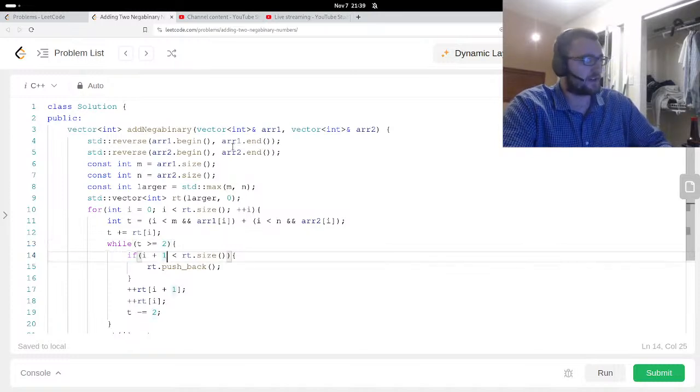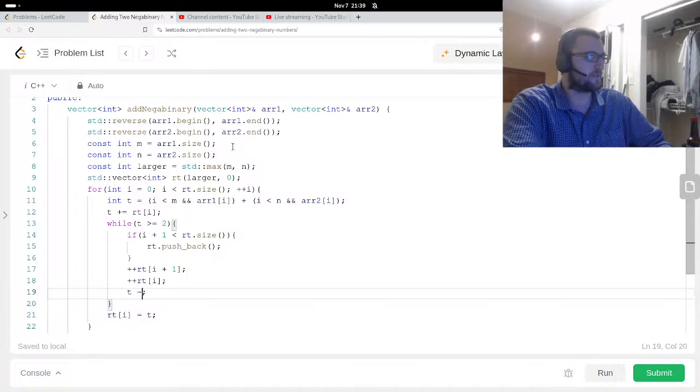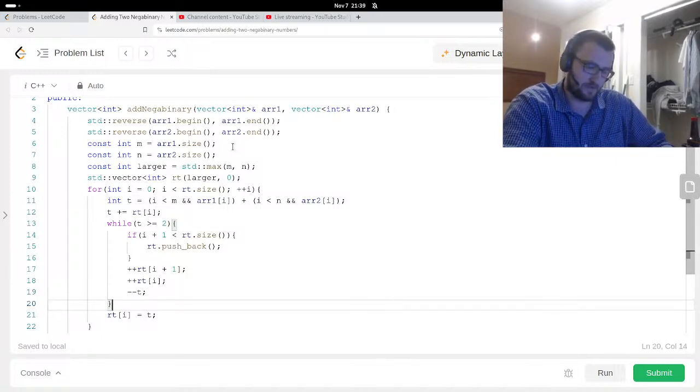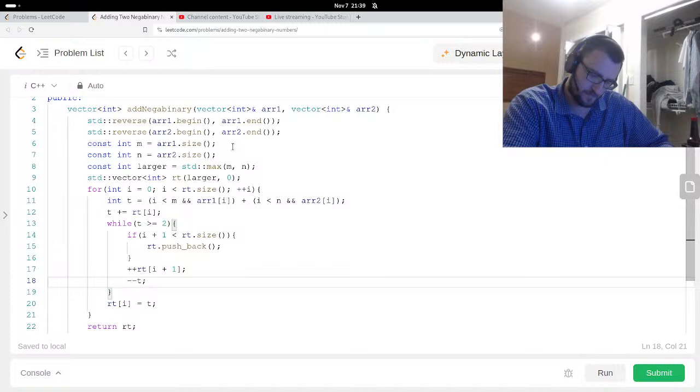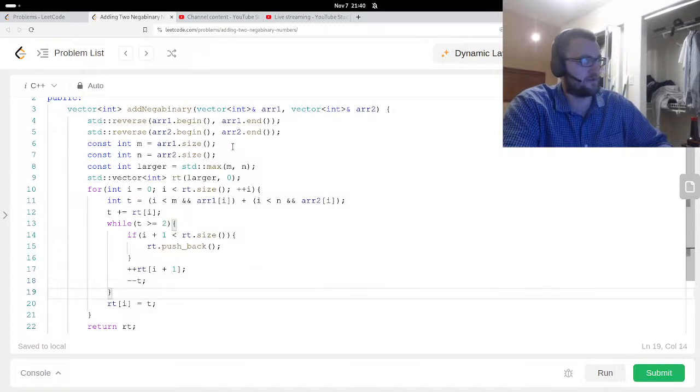It's actually going to add 1 to T, believe it or not. Subtract 2 and add 1. Kind of a deal.